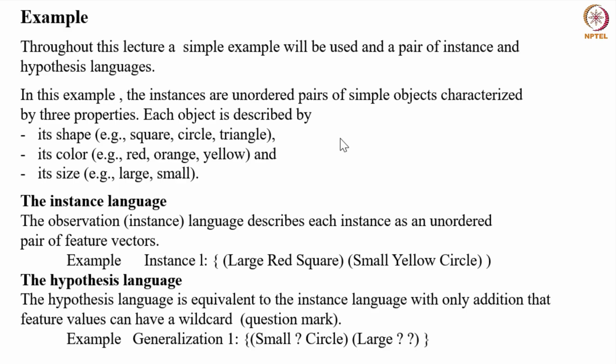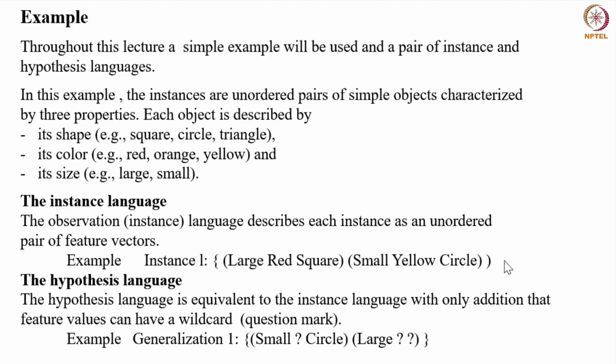The feature values of shape are square, circle, and triangle. The feature values of color are red, orange, and yellow, and the feature values of size are large and small. In the instance language, if we look at an example, you can see instance 1 consists of two objects: a large red square and a small yellow circle.